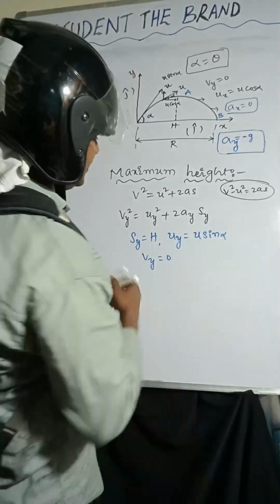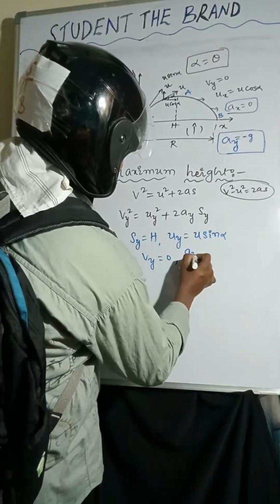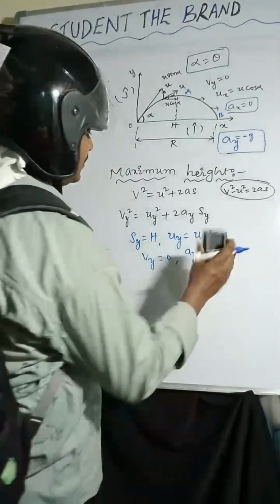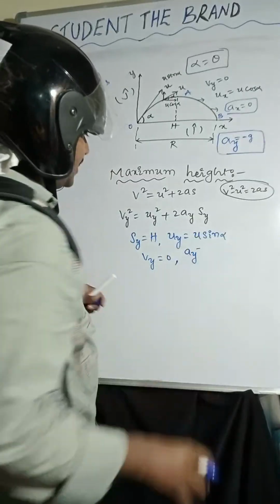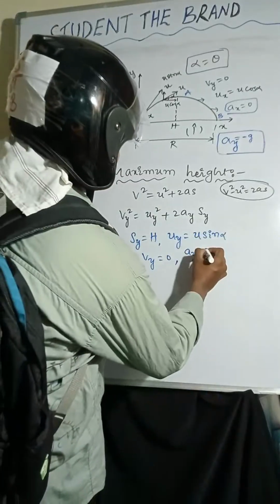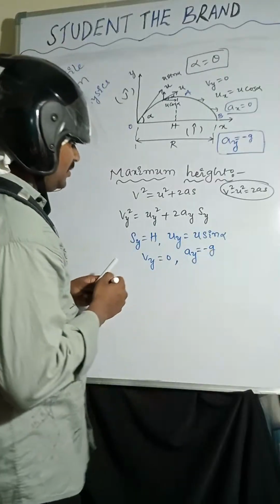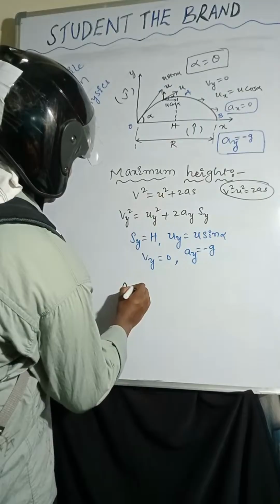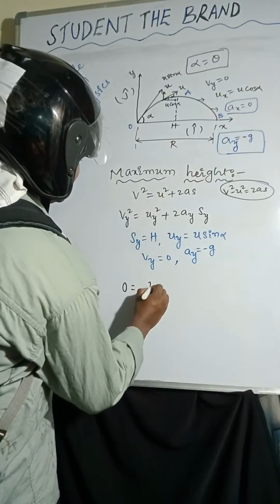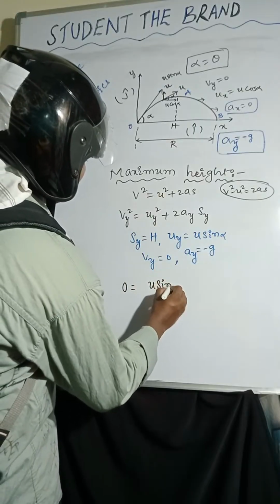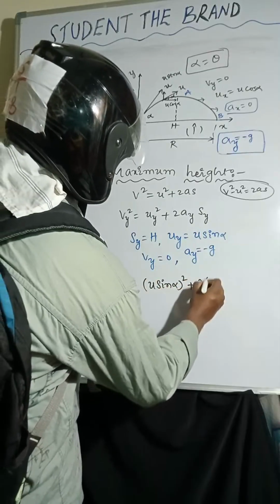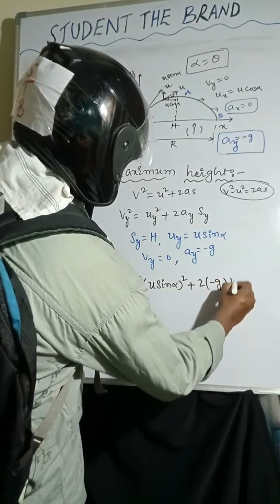Ay is minus g, because I am taking the vertical direction. So now you substitute here: 0 equal to u sin alpha whole square plus 2 into minus g into h.